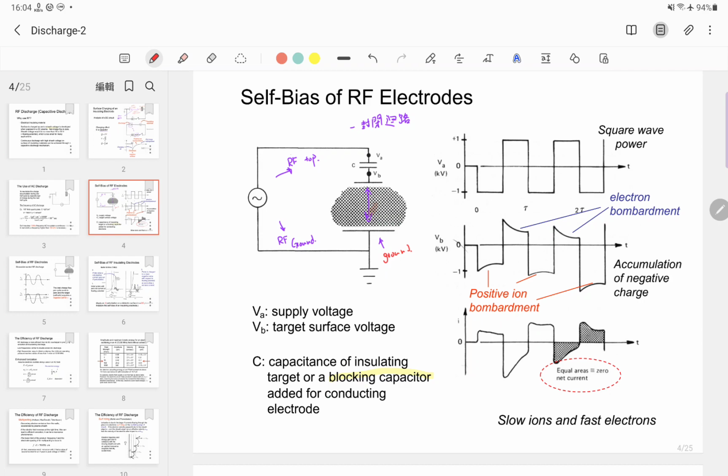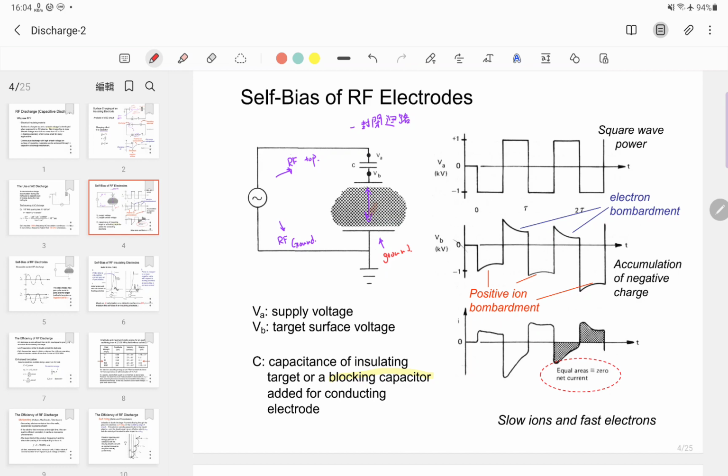So for RF operation, if there is no blocking capacitor, the transient voltage distribution looks like this, and both electrodes behave as anode and cathode alternatively for each half cycle.